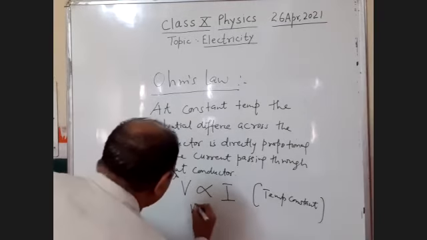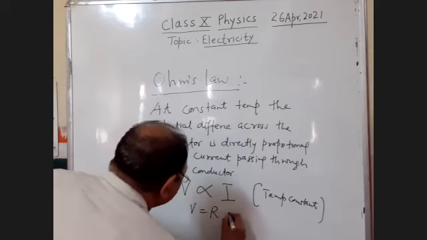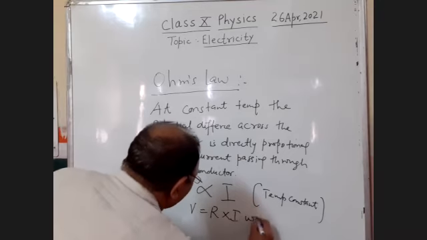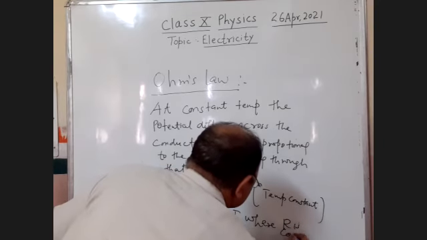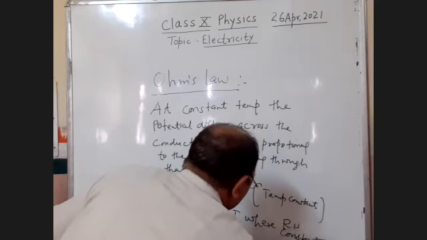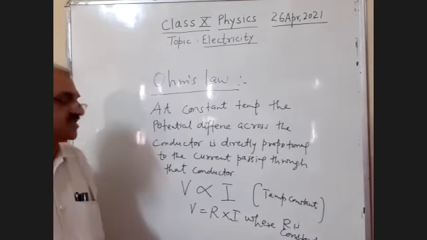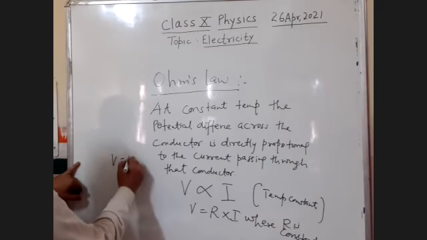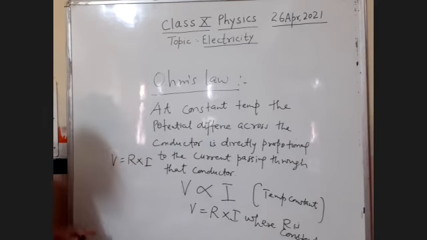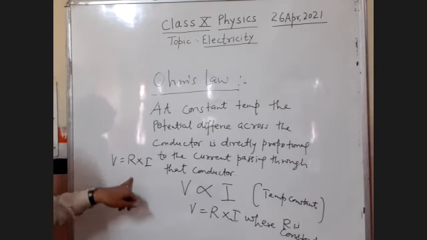V is equal to R into I, where R is a constant. Is it clear, students? From that equation, V is equal to R into I.